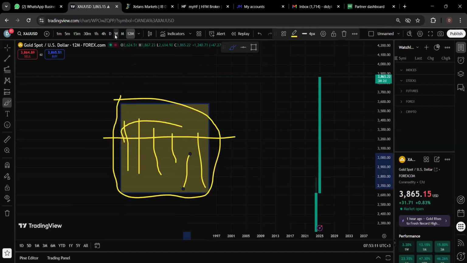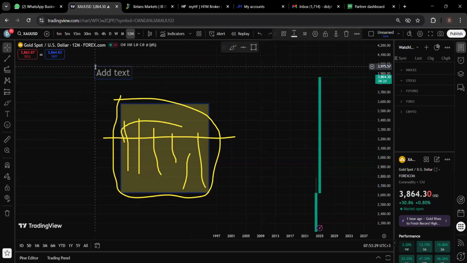When I look at the weekly candle, how many days do we have? In a week, we have 7 days, right? So there will be 7 candles. But remember, our Forex market runs Monday to Friday, and we talked about the opening and closing hours.